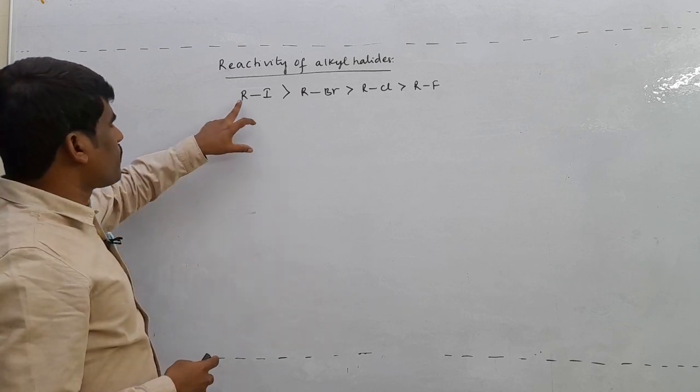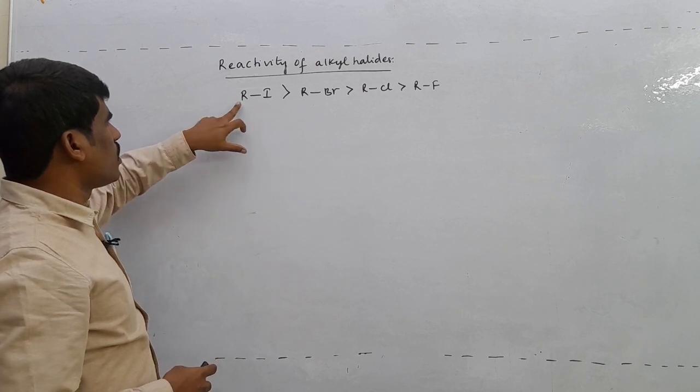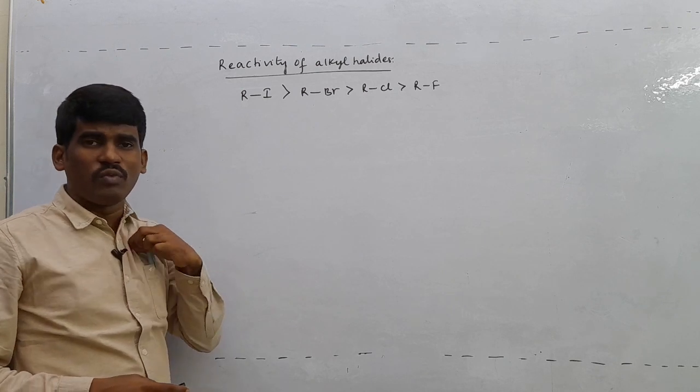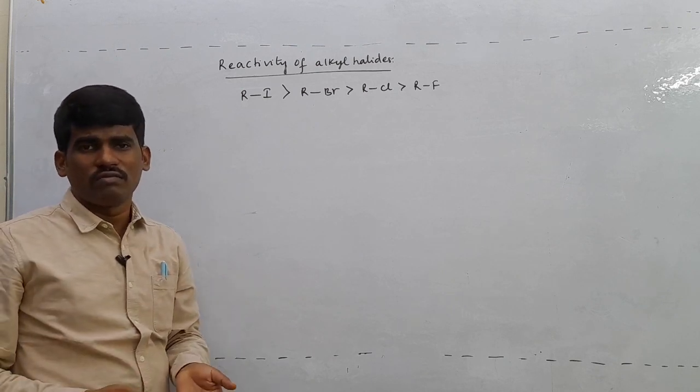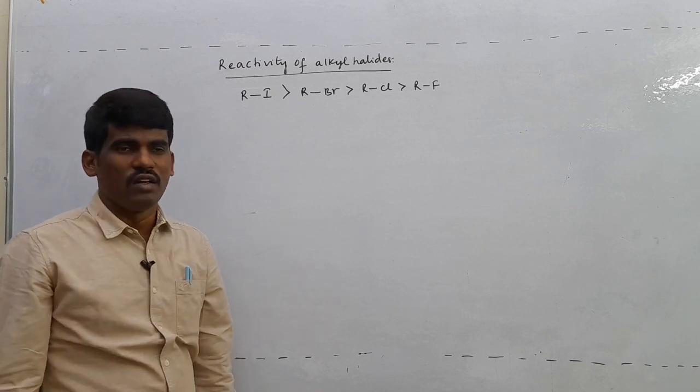If you notice here, R is nothing but carbon, and it is iodine. Carbon is a smaller size atom, iodine is a larger size atom. So the one whose bond we can break easily can participate in nucleophilic substitution reactions readily.